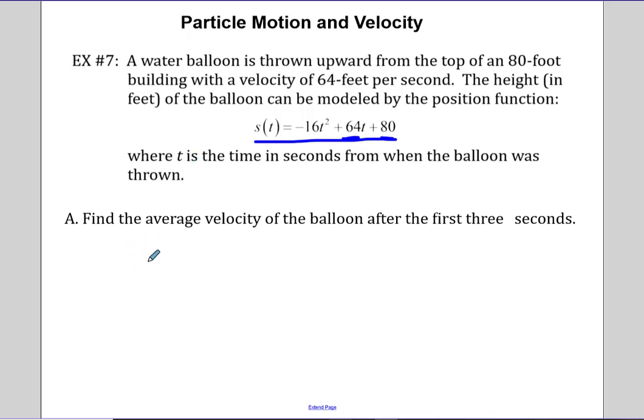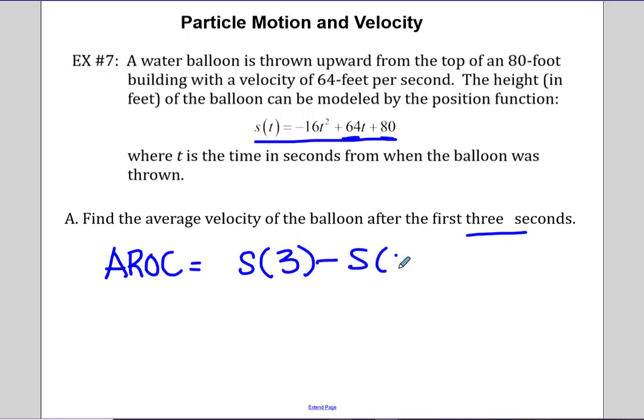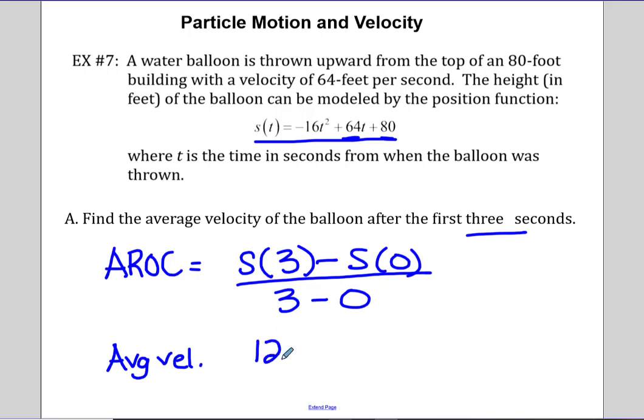So we want to find the average velocity, or the average rate of change. That's going to be the s in the first 3 seconds. So the s of 3 minus the s of 0 divided by 3 minus 0. So our average velocity is 128 minus 80 divided by 3.